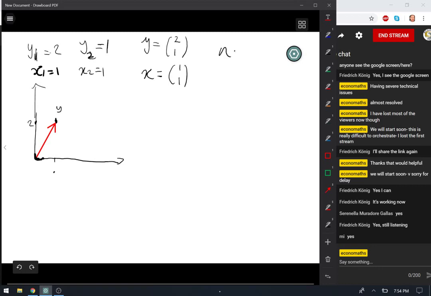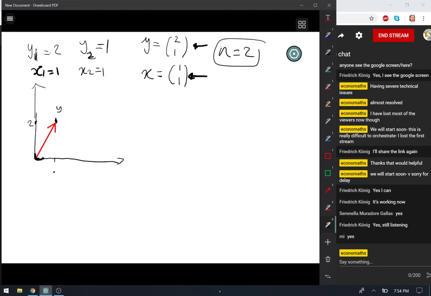So we've got a sample size of 2, one regressor x, with all the data points of x here and all the data points of y here. Now our data point is here, so we can draw the arrow there. This is the direction of our sample data.